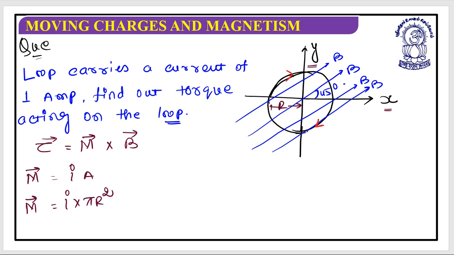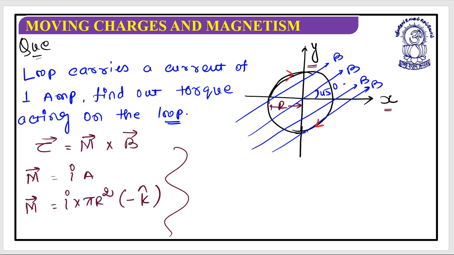Then you will find that the thumb points inside the plane, which is minus k cap. I hope this is clear. So this is M. Now let's turn to B, the magnetic field.